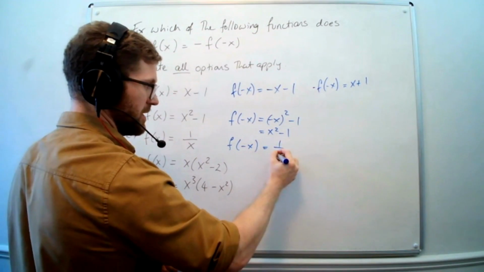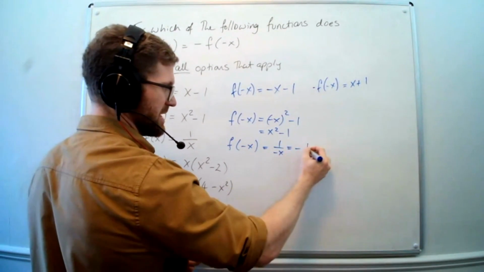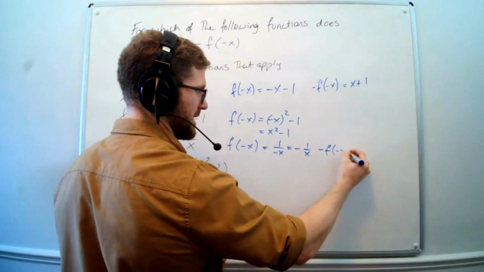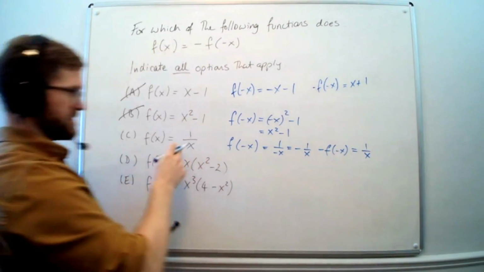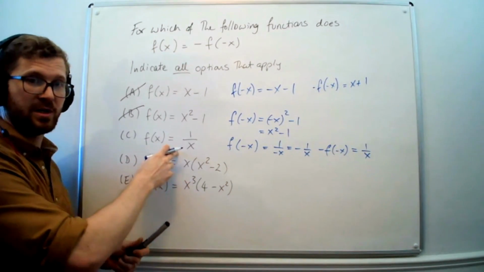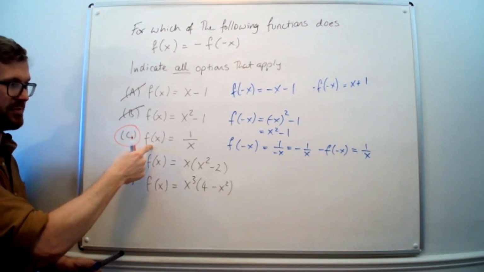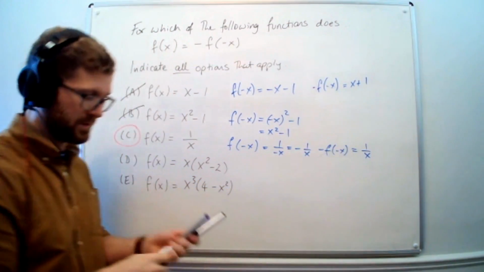In this case, we're going to end up with 1 over minus x, which is really the same as negative 1 over x. So our minus f of minus x is going to equal 1 over x, which is the same as the f of x we were looking for. So C's in. C is one of the answer choices we're looking for. F of x is equal to minus f of negative x.